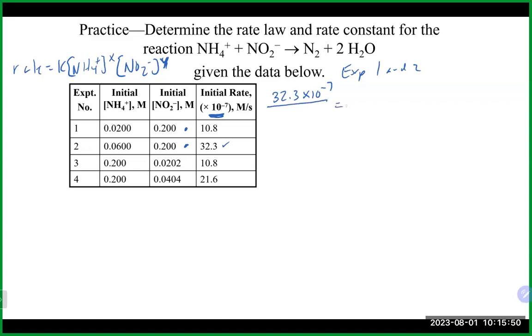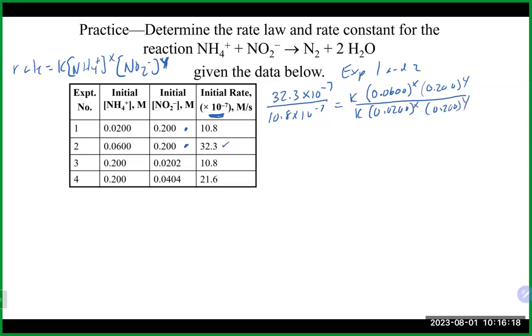If you didn't, you'd be okay at this point, but later on you'll be in some trouble if you forgot that part. 0.06 for my NH4 and 0.2 there for my other one. Going to put all the information for the first experiment in there, 10.8 times 10 to the minus 7, my K, 0.02 and my 0.2.